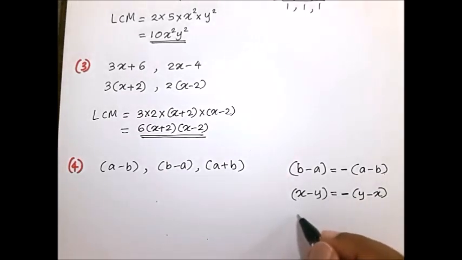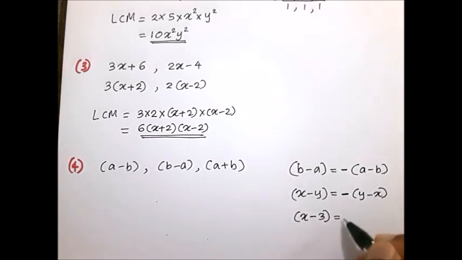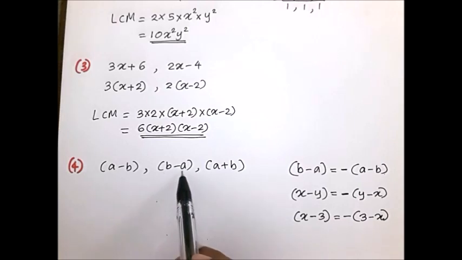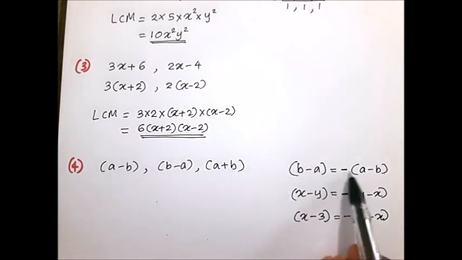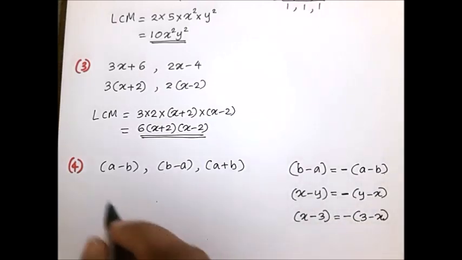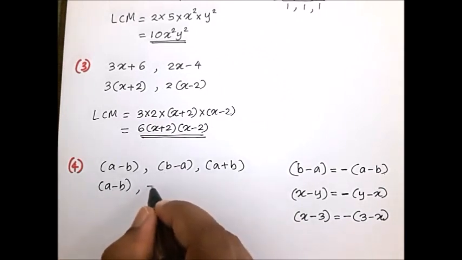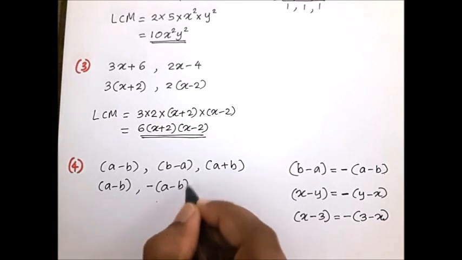Another example, x minus 3. If you take the minus sign out, this becomes 3 minus x. Now instead of b minus a, you can write minus times a minus b. Other terms are the same.